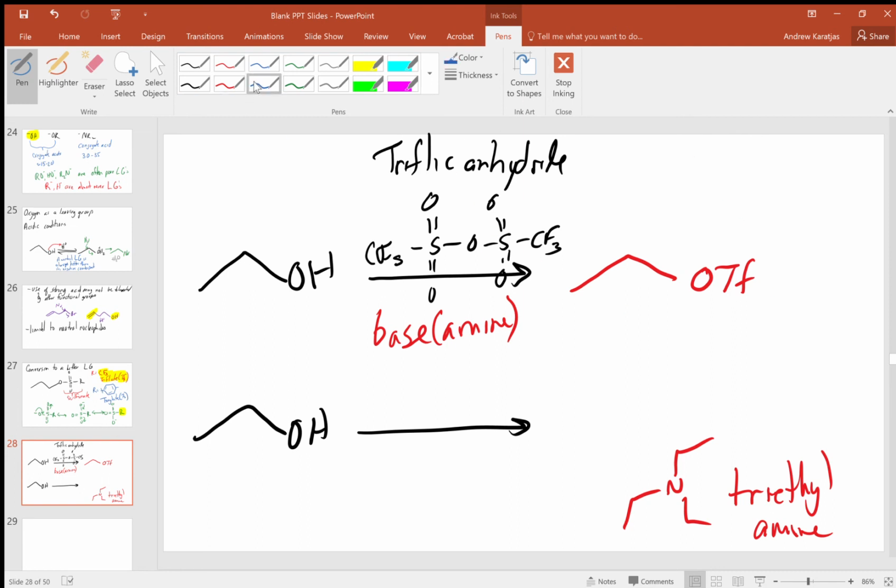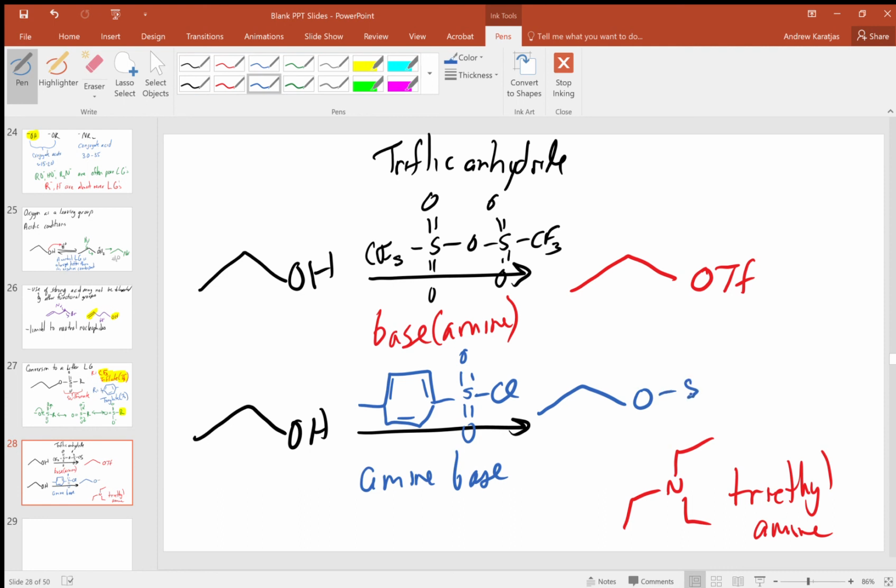For the tosyl example, instead of using an anhydride like that, we use a sulfonyl chloride. And then again, an amine base. And then the group here ends up substituting for the hydrogen, and we get our tosylate.